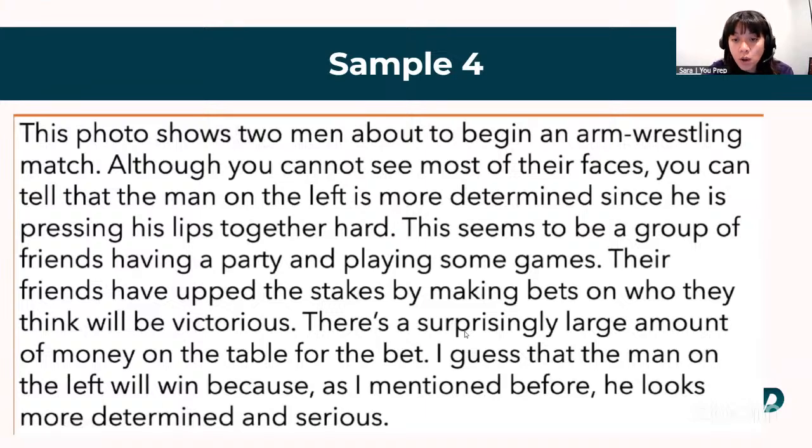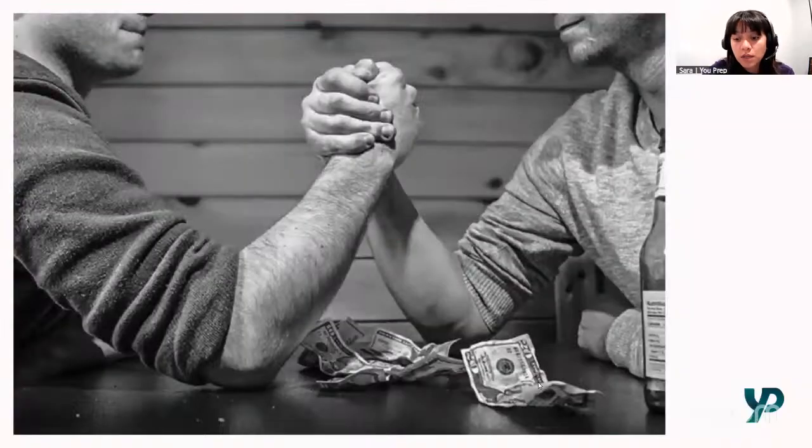There's a surprisingly large amount of money on the table for the bet. I guess that the man on the left will win because, as I mentioned before, he looks more determined and serious. So this last part is also an inference, what the person thinks about this picture.